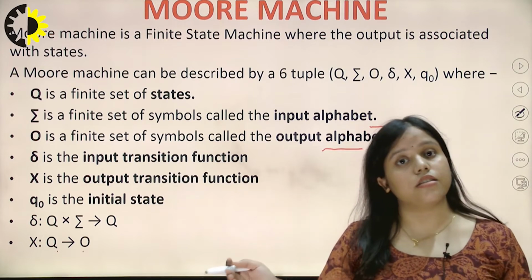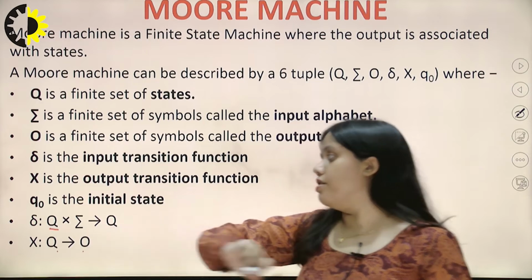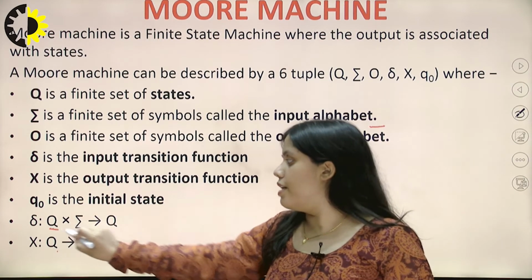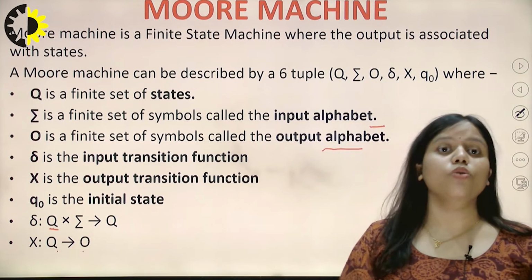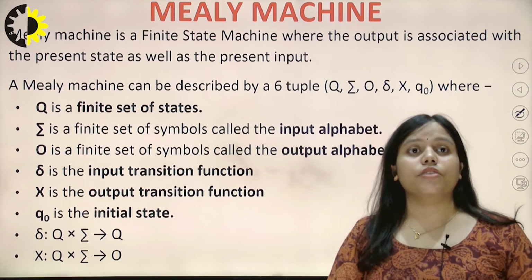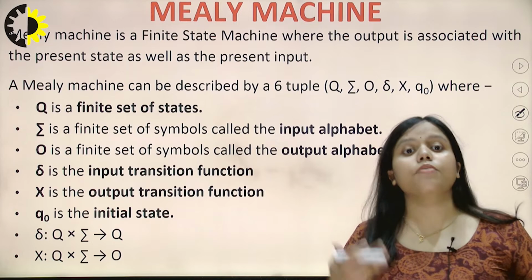And the transition function says which state, on what input, goes to another state. So the Mealy machine is a finite state machine where the output is associated with the present state as well as the present input.